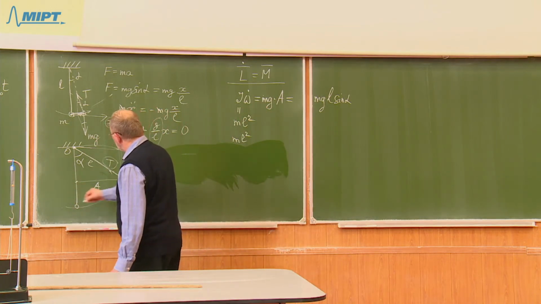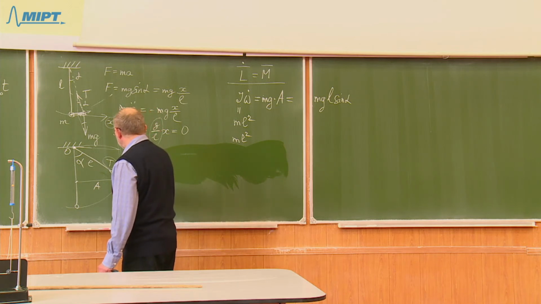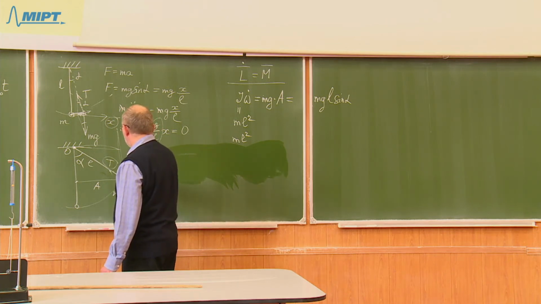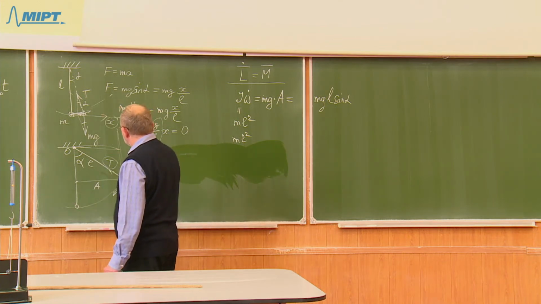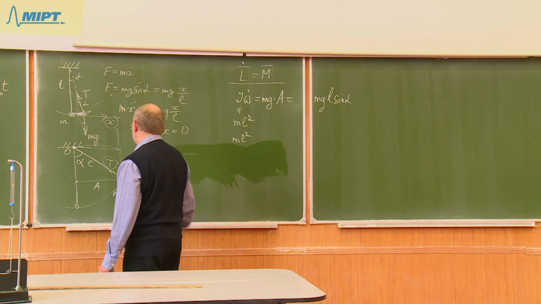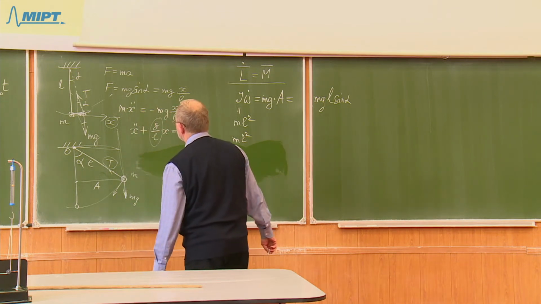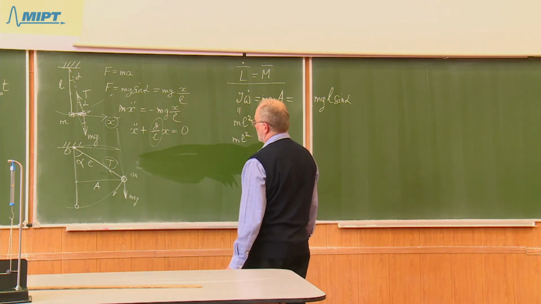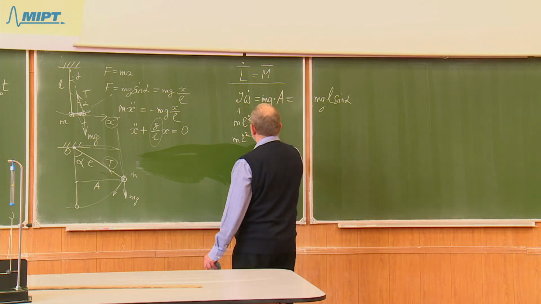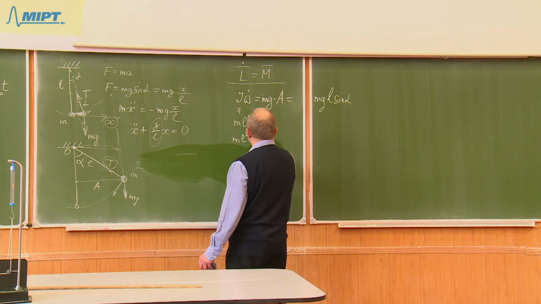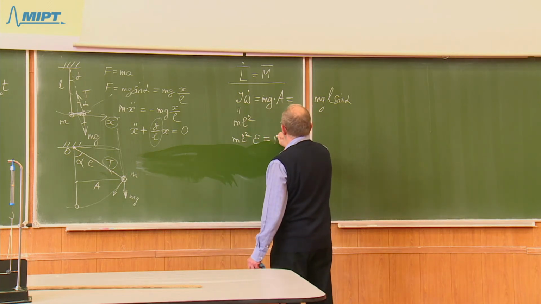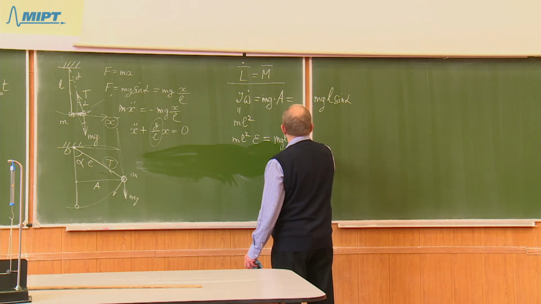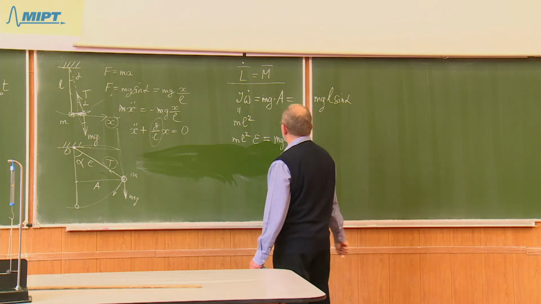Omega is the angular velocity of this ball in its rotational motion, and omega dot is the angular acceleration, equals mgl sine alpha.